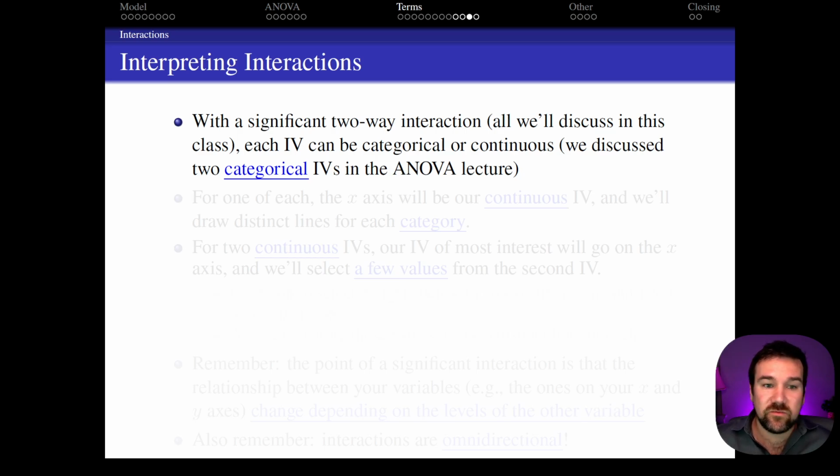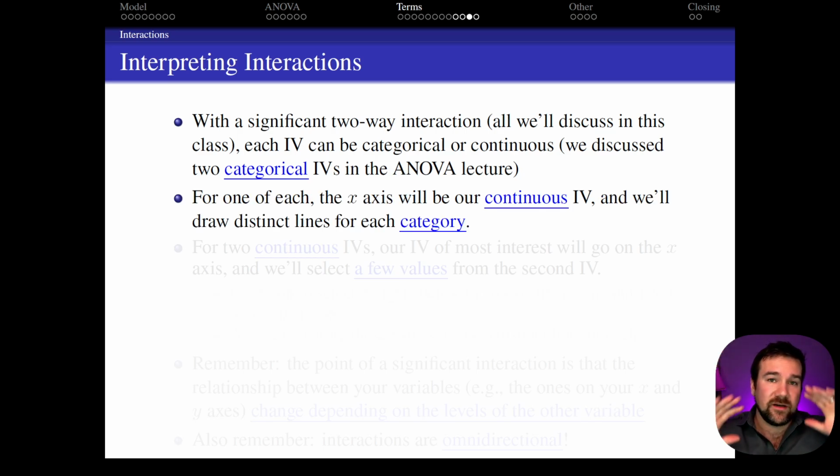In that case, we can have a couple of different breakdowns depending on the structures of the independent variables. Remember, each independent variable can be either categorical or continuous. I'll mention we discussed the case where both independent variables were categorical in the ANOVA lecture, so I'm going to leave that one, and if you're curious, you can go back and check out the ANOVA lecture set.